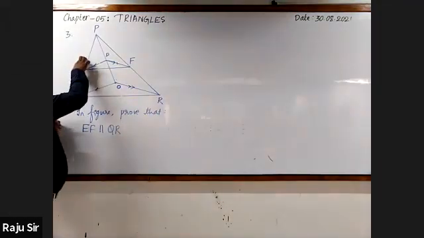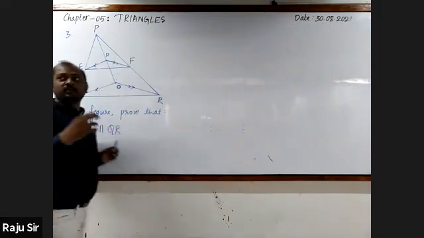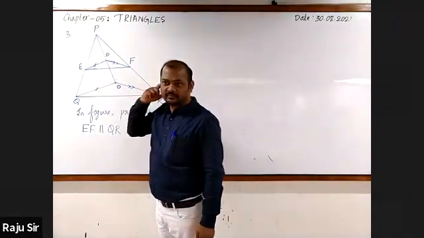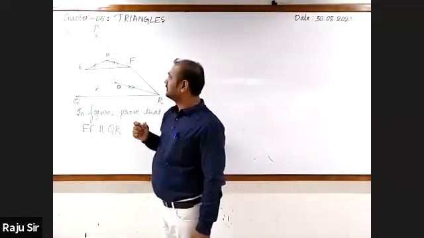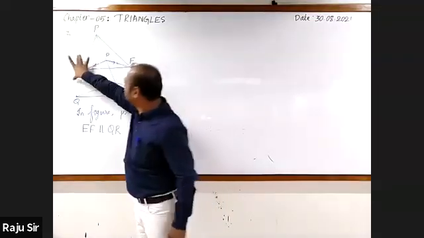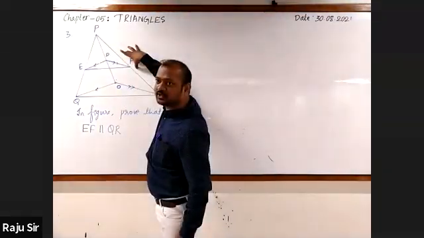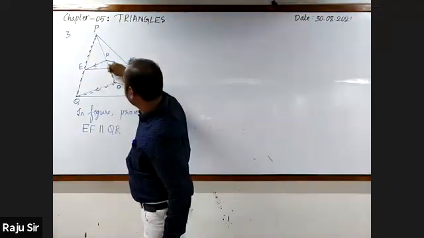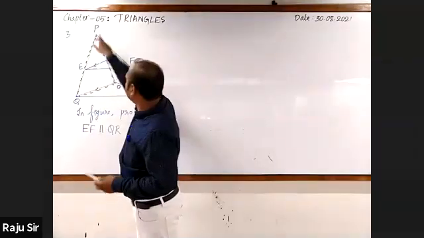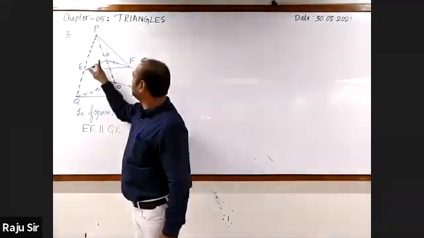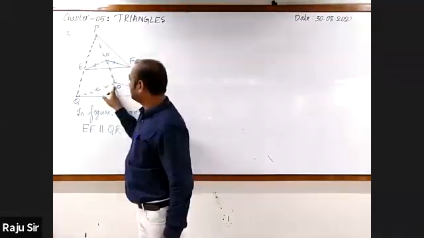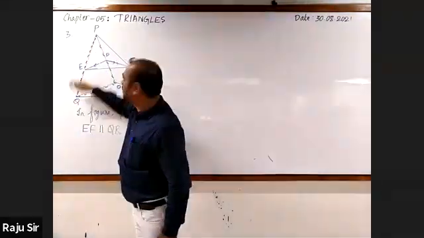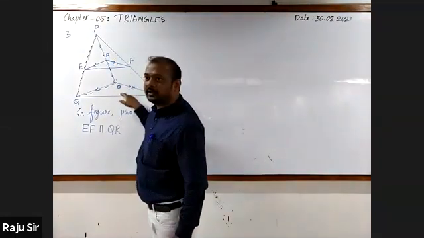Now, let's prove these two ratios equal. But how do you go about proving? By converse of BPT. How do you prove this ratio is equal to this ratio? In triangle POQ, DE is parallel to OQ, by BPT PE by EQ is equal to PD by DO.